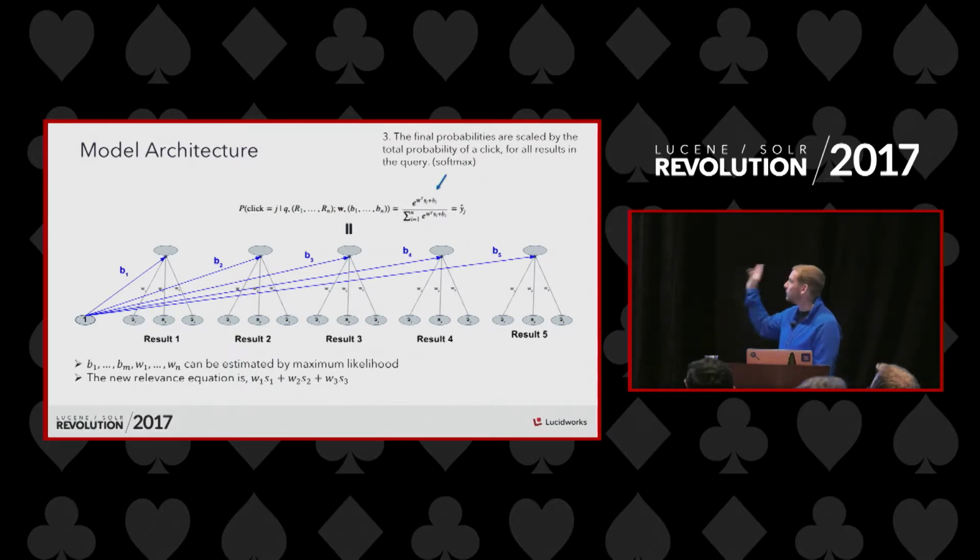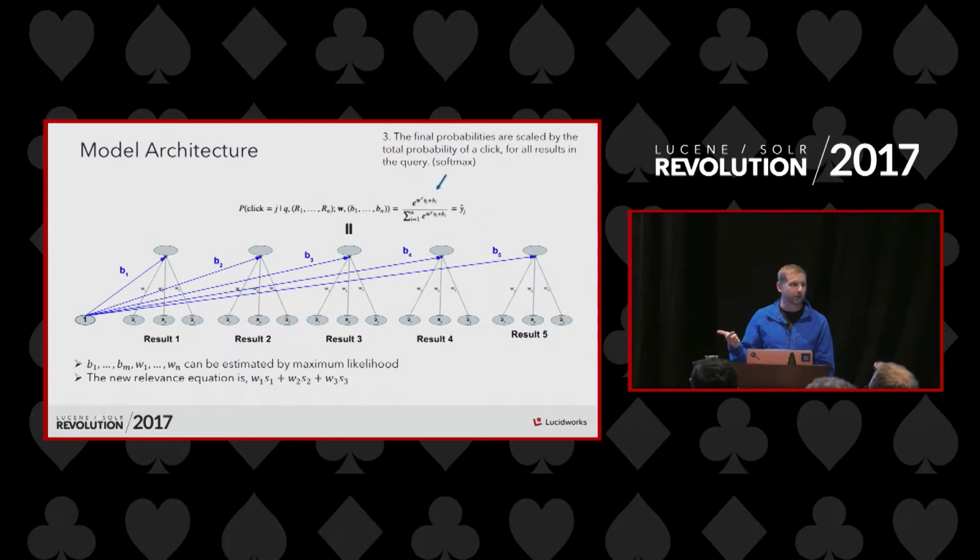And at the top layer, we normalize all the probabilities, which is the same as taking what's called a softmax. And you get this really nice function at the top here for the probability of a click on a specific document at a specific position in a query. So we have a model now that tells us the probability of a click at each of those positions.